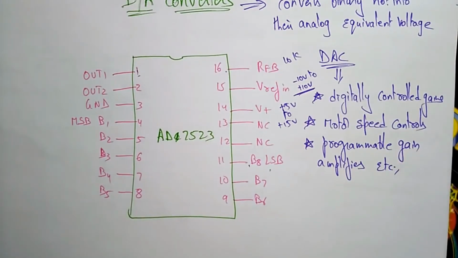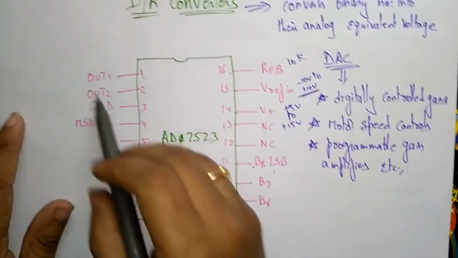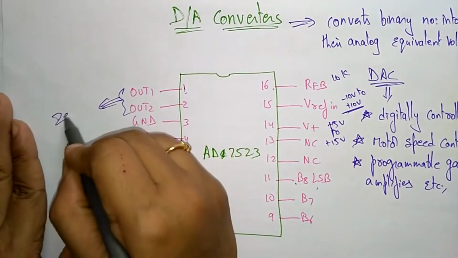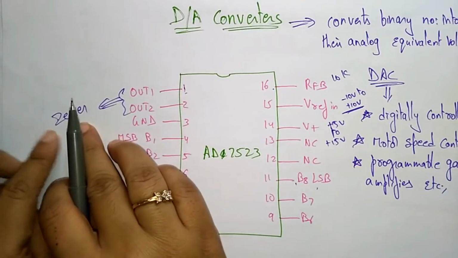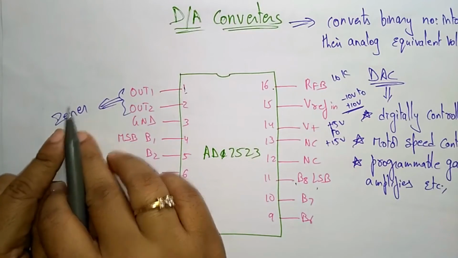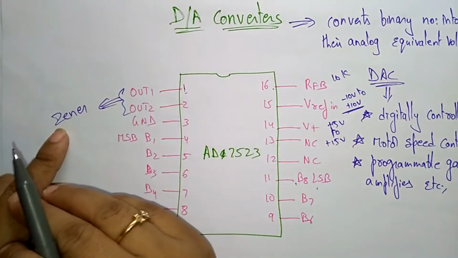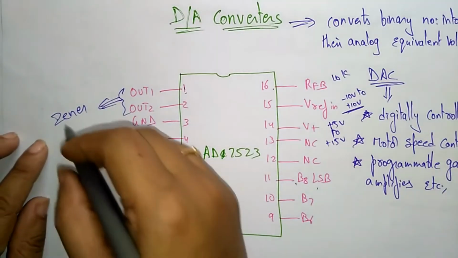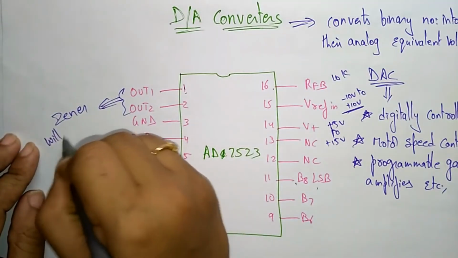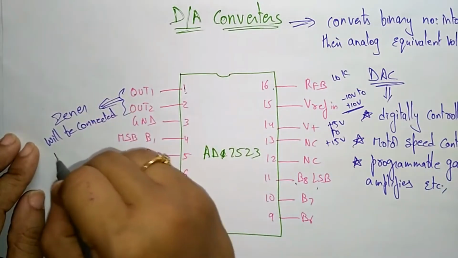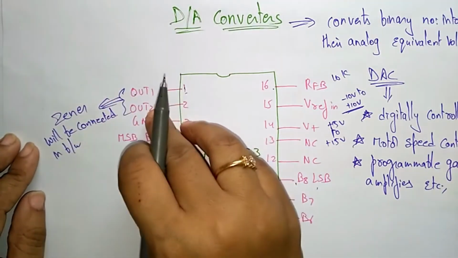A zener diode is connected between out 1 and out 2 to save the digital to analog converter from negative transients. So to overcome the negative transients, a zener will be connected between out 1 and out 2.